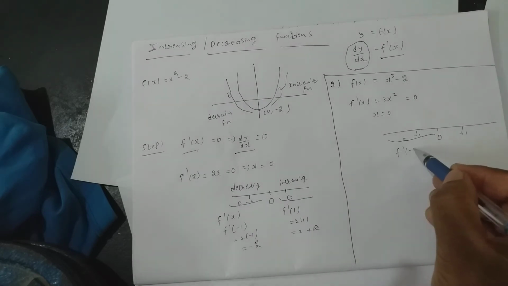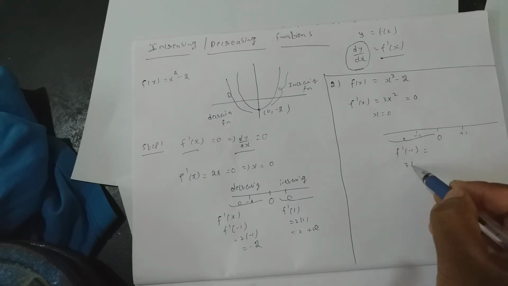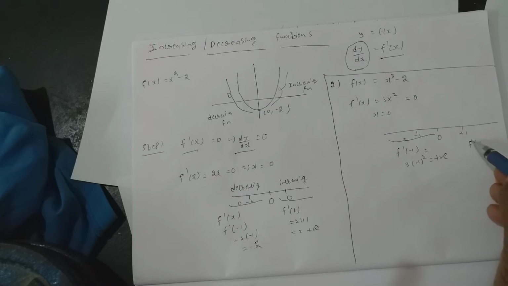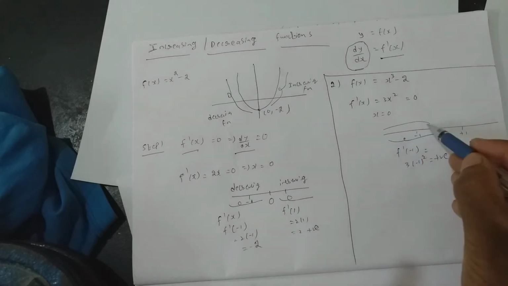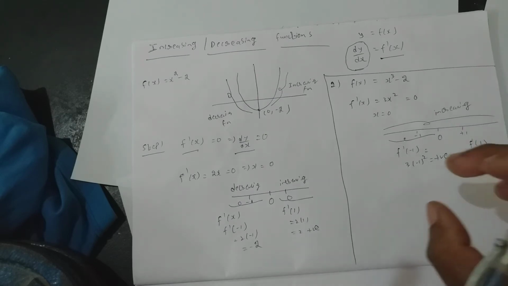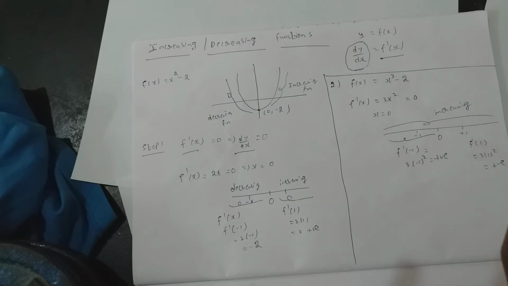Now f dash of minus 1, how much will I get? 3 into minus 1 whole square, which is a positive 3. Now f dash of plus 1, 3 into plus 1 whole square, I get a positive result. In both cases I got positive, so it's always increasing. It's never decreasing because I did not get a negative value.